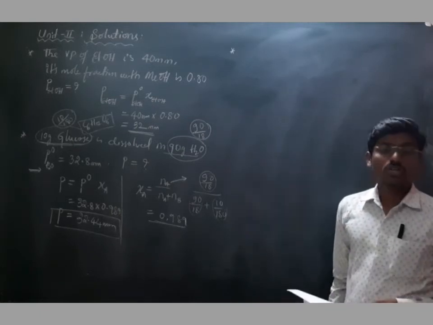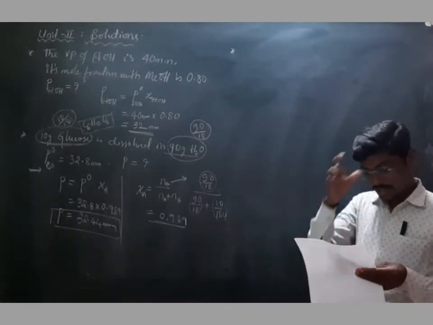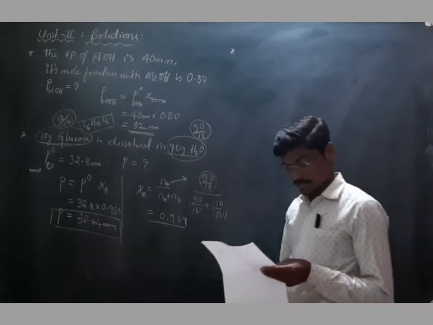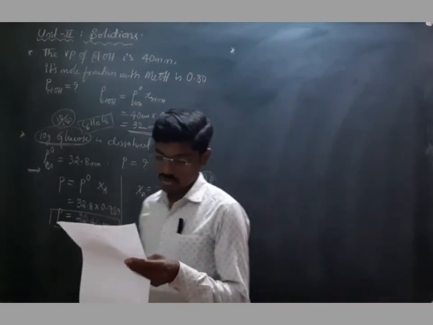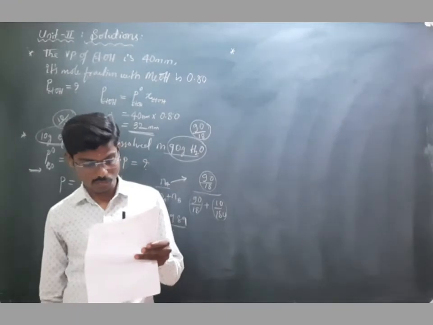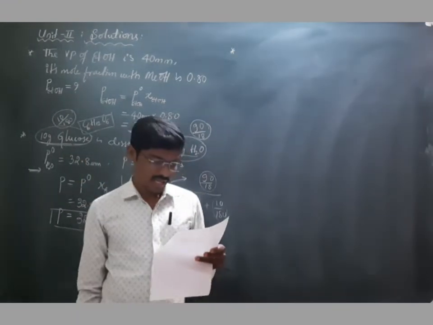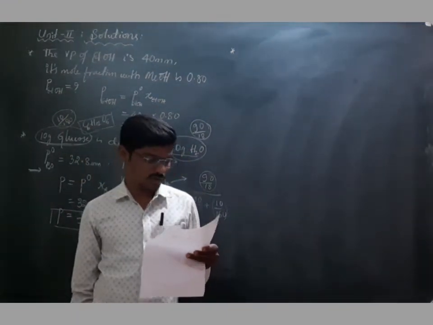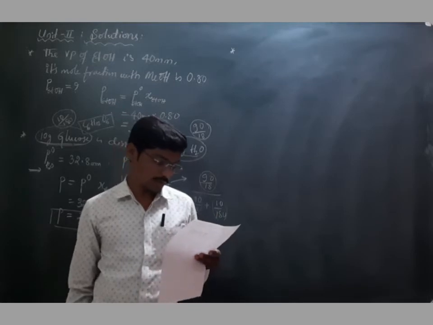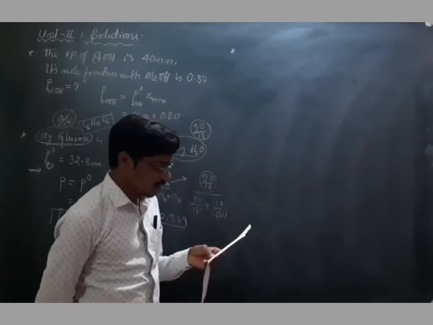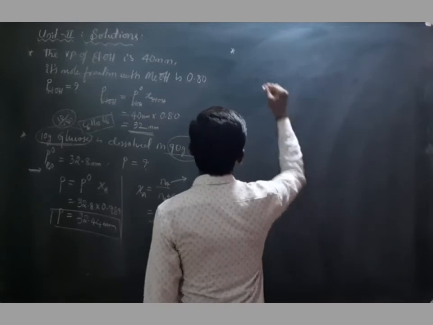The vapor pressure of pure benzene is 0.256 bar and the vapor pressure of toluene is given, that is 0.0925. If the mole fraction of benzene is 0.4, then calculate the total vapor pressure of the solution and the composition in vapor phase. Let's see.